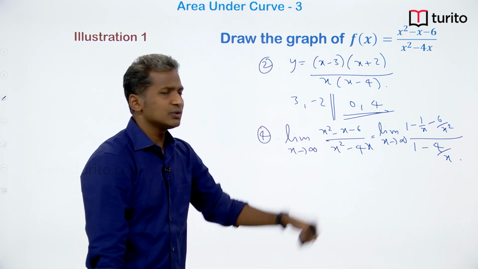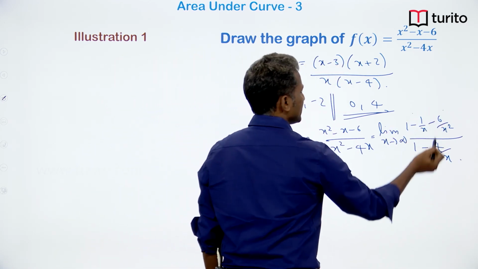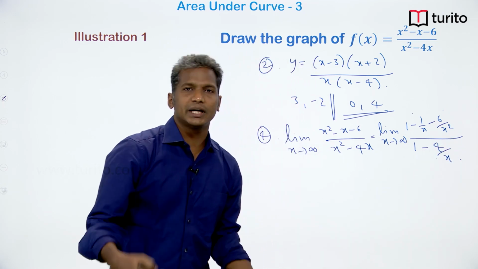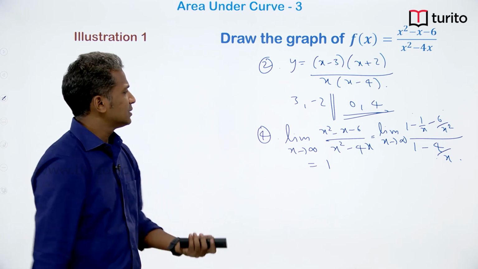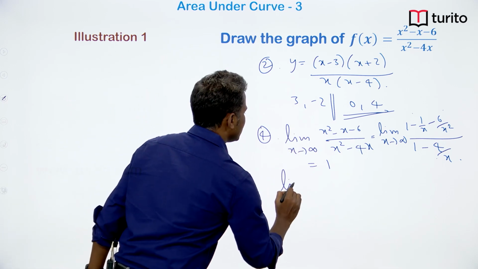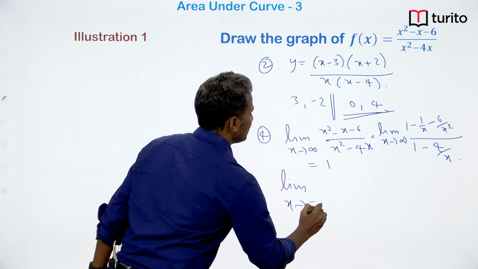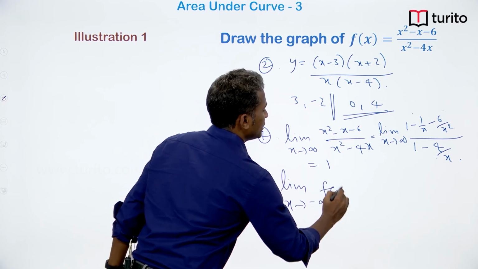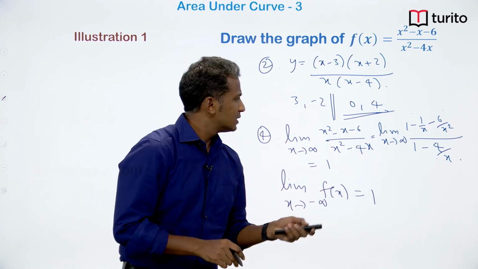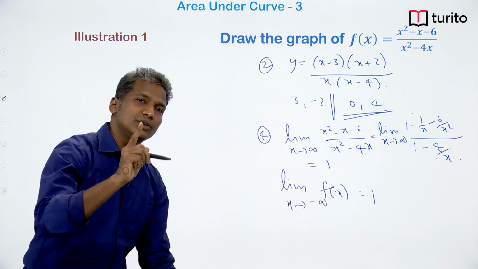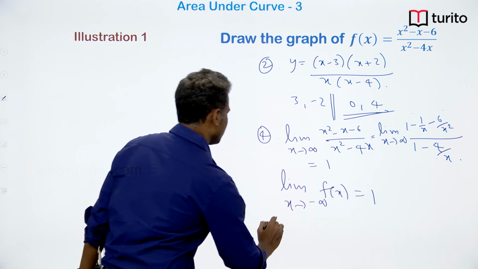Now as x tends to infinity, these terms 1 by x, 6 by x square, 4 by x, all will tend to 0. So we will get the output to be 1. Similarly, as x tends to minus infinity, the output also will tend to 1 because it is the same limit. So this means y equal to 1 is one horizontal asymptote.